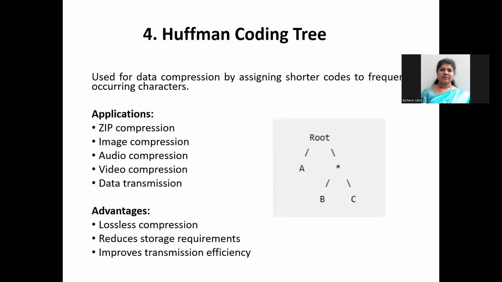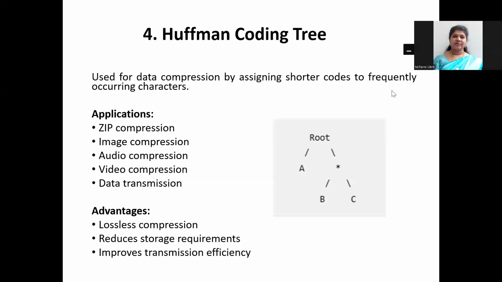Huffman coding is normally a lossless data compression technique, used for assigning shorter codes to frequently occurring characters. Normally we use shorter binary codes for frequently occurring characters and longer binary codes for less frequent characters.